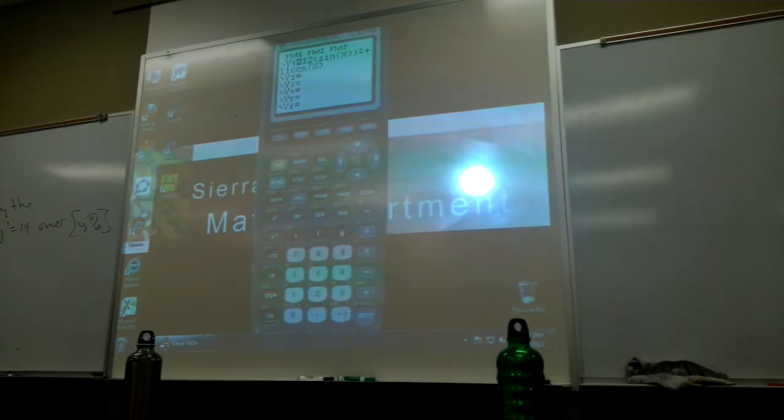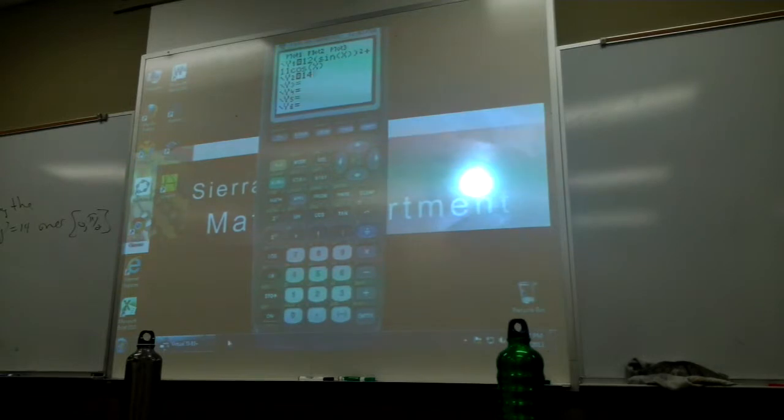I'll also type in y equals 14, I think. What should I do next? Graph. I think even for both of those I should check mine. Thank you, I think I really should.